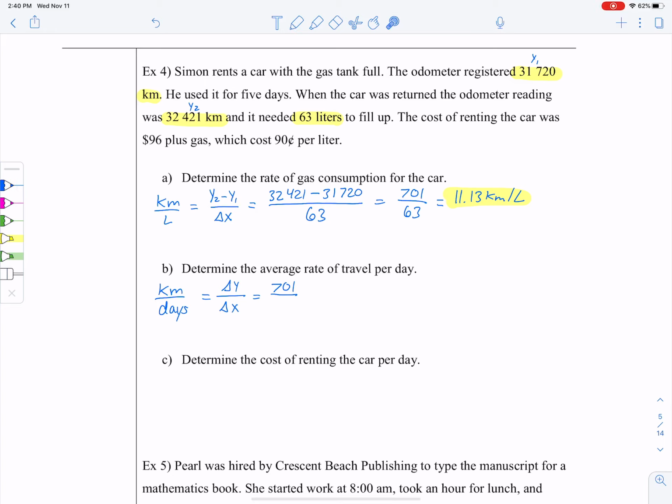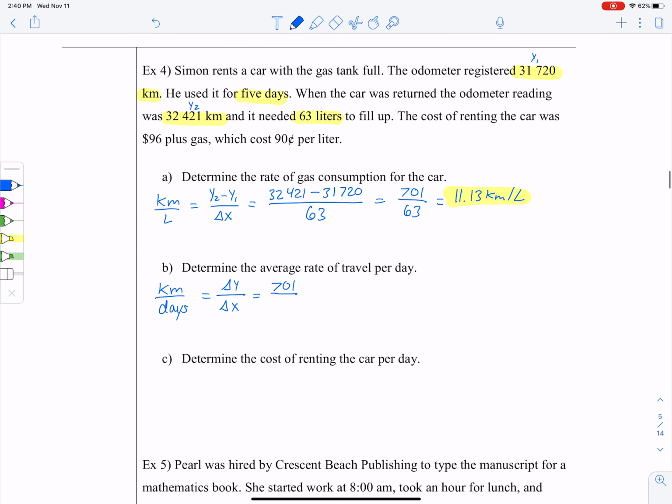It says here you used it for 5 days. So the number of days is 5. This is kilometers, and this is days. If you divide that, you get 140.2 kilometers per day. If you hadn't done this question first, then you would have taken these 2 kilometer readings and put it right here.